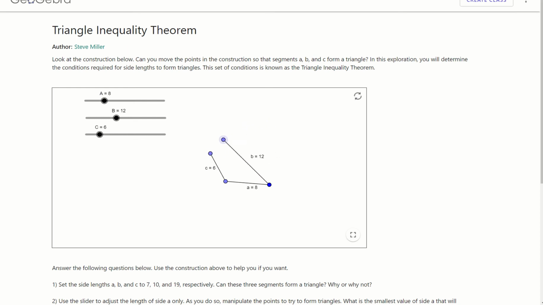I'm going to go ahead and use these coordinates that it gave me already. Let's see, let's make these smaller there.